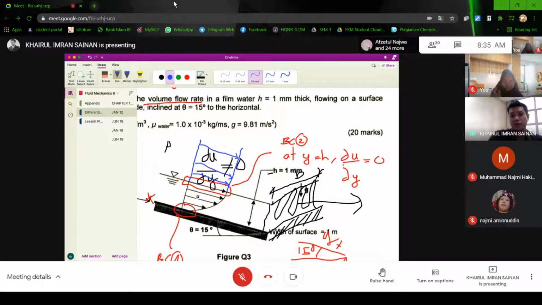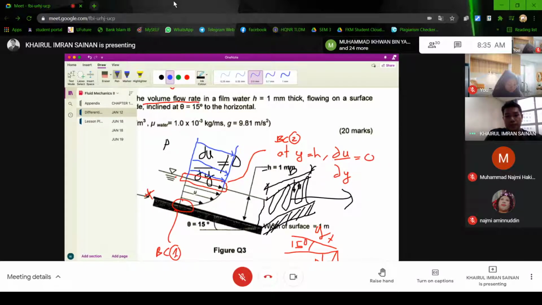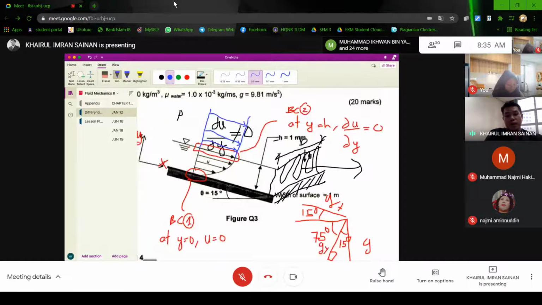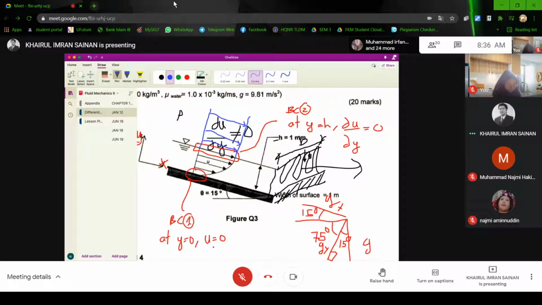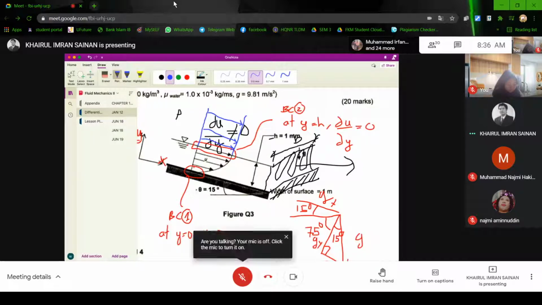That's why du over dy equals 0, rather than this curve, where there is a change of u towards y. So that is for BC number 2. And for BC number 1, it's simple: at y equals 0, u equals 0. Any question on this one?